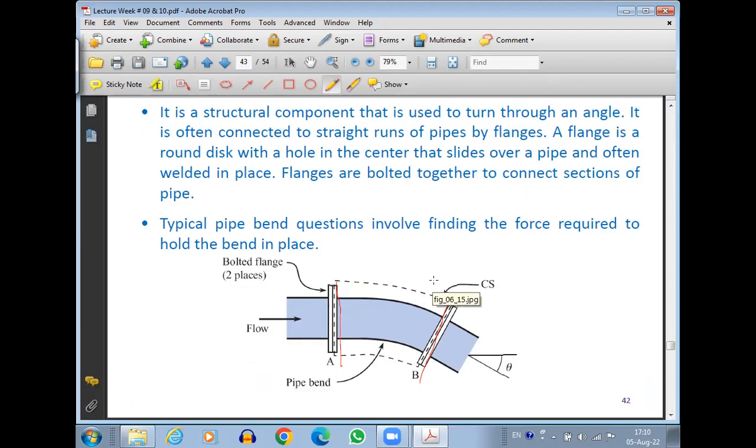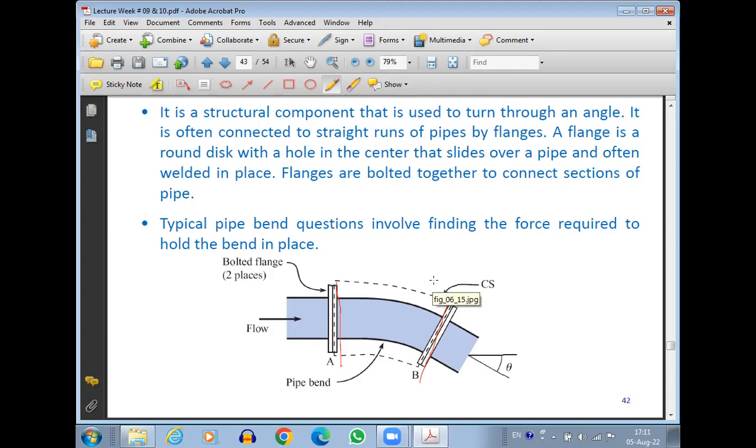So pipe bends are normally used to bend the pipe, but whenever you are redirecting the flow, the fluid itself is going to impart a specific force over the thing which is trying to redirect the flow. If the fluid was moving in one way and I put my hand in the path of the fluid, my hand is going to face the force of the fluid.